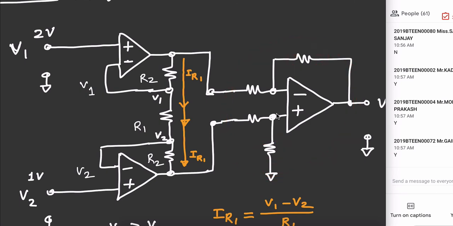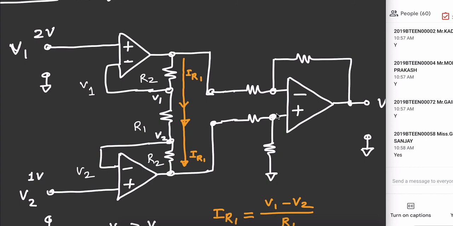Adjusting two resistors at a time is difficult. So we added some circuit. In this circuit we used the virtual short concept and then decided V1 and V2 and then decided this current. Everybody understood this much? Okay, great. Thank you, Samiksha.